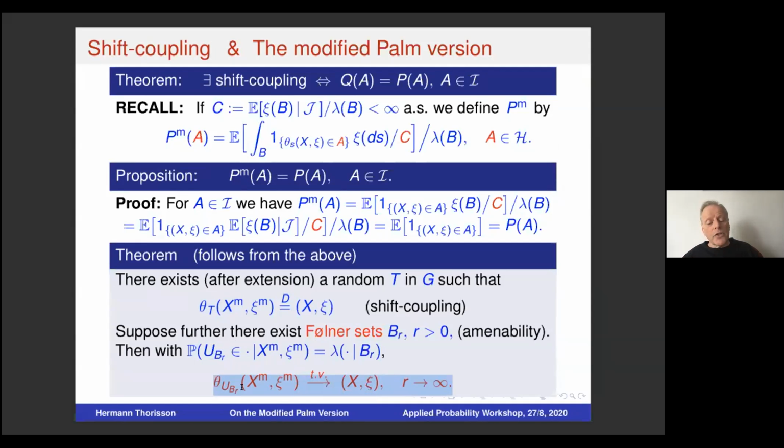So we are just picking a location at random in B_R and shifting the origin of the modified one there, and then it goes in total variation to the stationary pair.